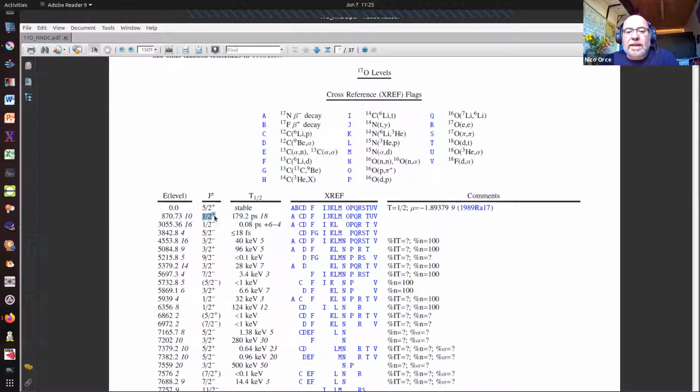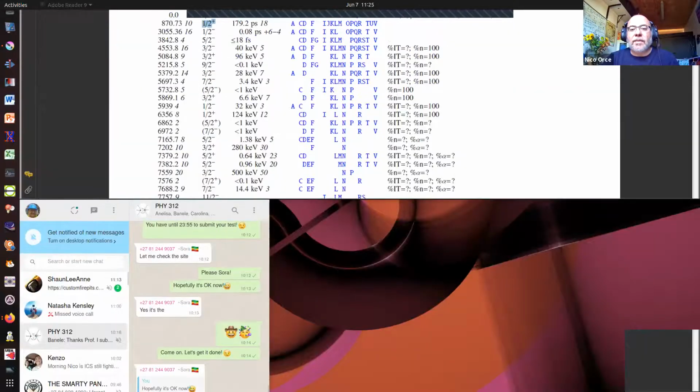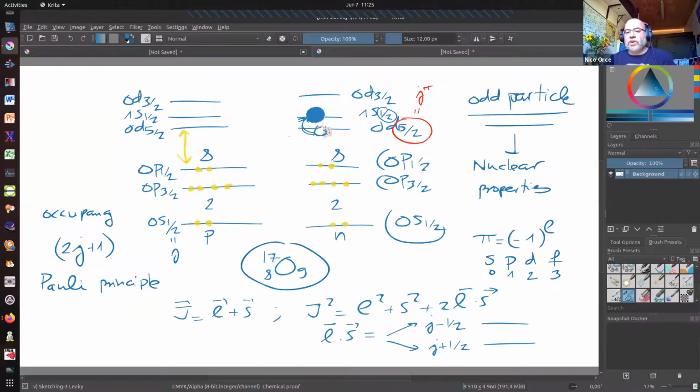1/2 plus, as we have predicted, right here. So let's make this green. Then we have that for oxygen 17, the ground state is a 5/2 plus, experimentally determined.